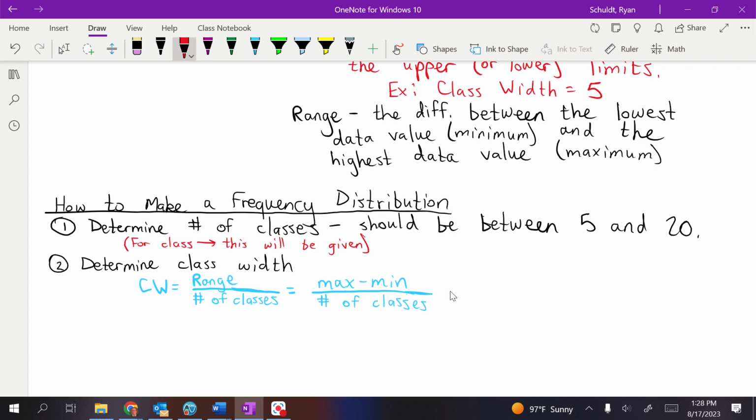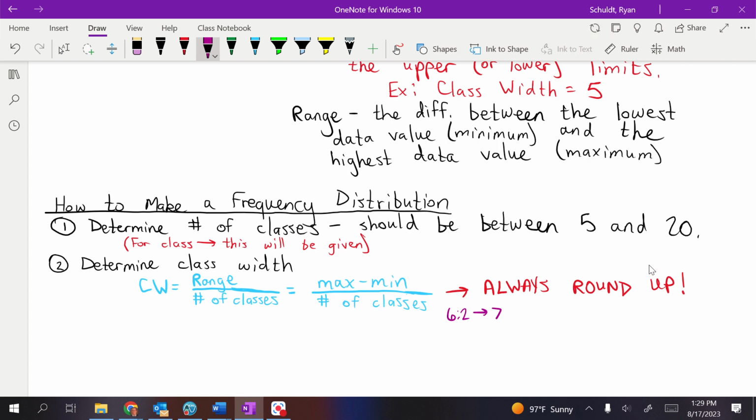I'm putting that in red because people forget it every time. Always, always, always round up. So if I calculated this and got a class width of 6.2, what would that be? 7.